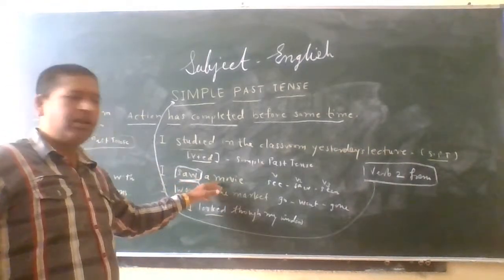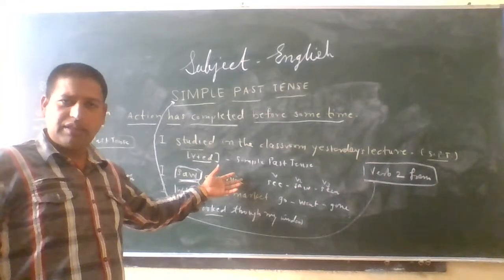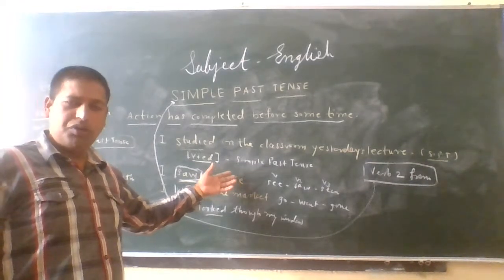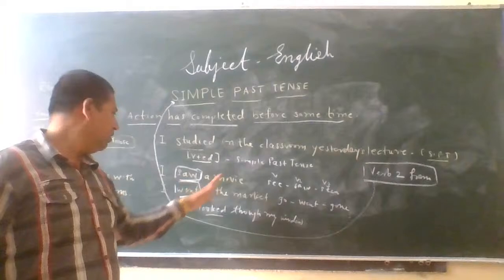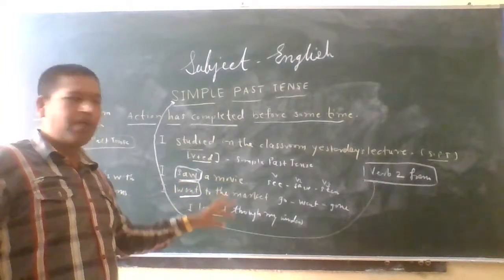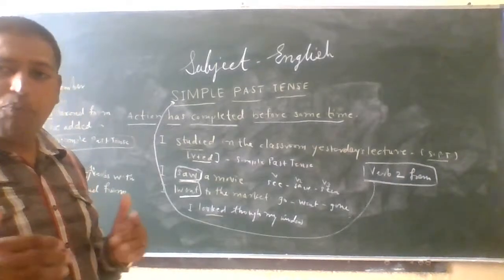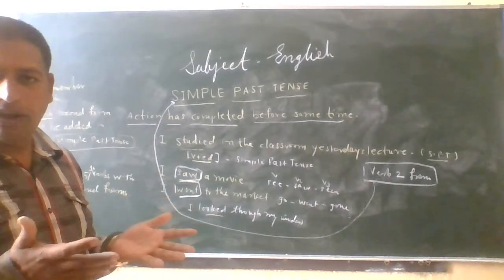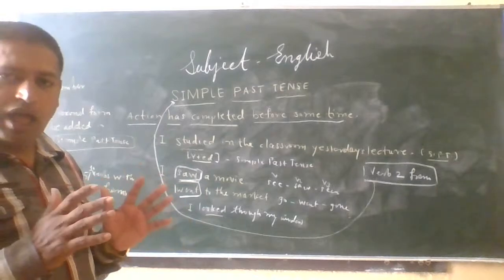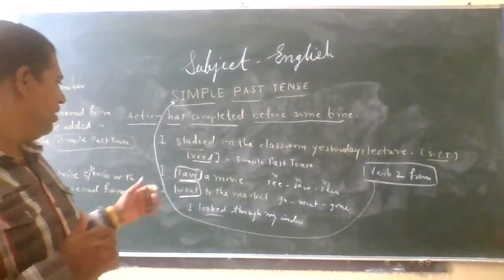You can take various words and use them in this sentence. I went to the market means I prepared to go to the market and I did it.